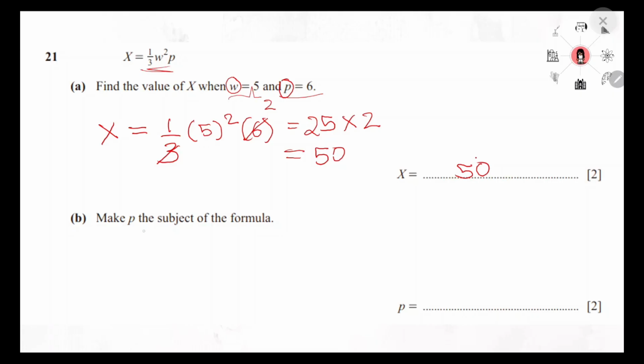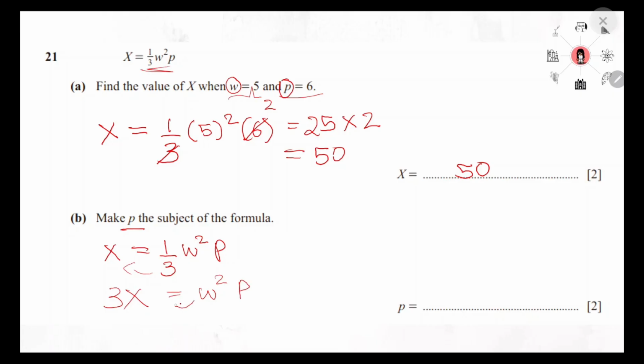b. Make p the subject of the formula. So first let's write down x equals 1 by 3 w square p. Now what we have to do first is move 3 to the other side, which will make x into 3, giving us 3x equals w square p.